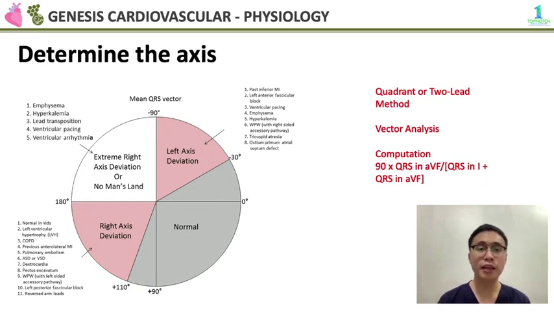And usually naman, it gives us an idea, no, whether it's normal axis or possibly may left or even right axis deviation. So you can see in this slide, no, that there are a variety of conditions that are associated with axis deviations, no? But of course, this is not kumbaga 100%. Hindi porket may axis deviation, automatic 100% sure ka na mayroong pathology, because of course, there are a lot of factors that can affect the ECG.